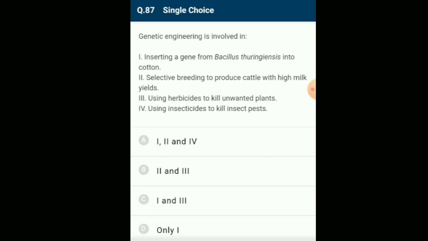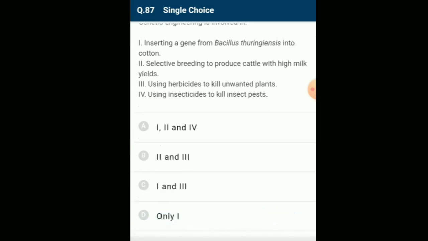Selective breeding can be considered as gene manipulation, but there is no control on the outcome but chance. So the answer for this question is option D. From the given four statements, statement 1 involves genetic engineering.